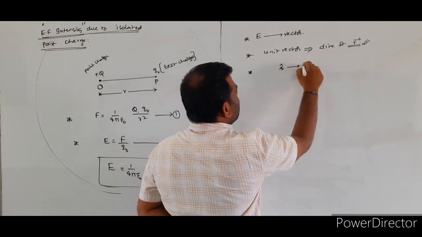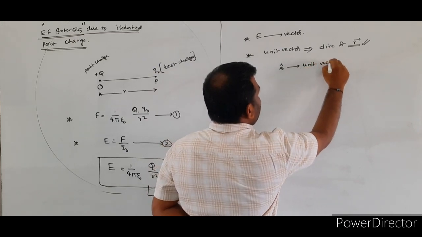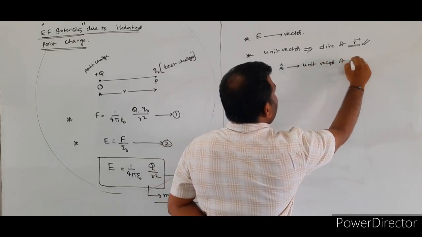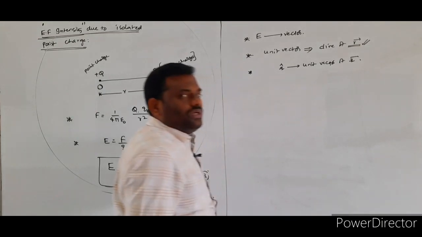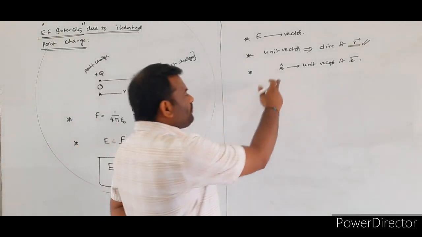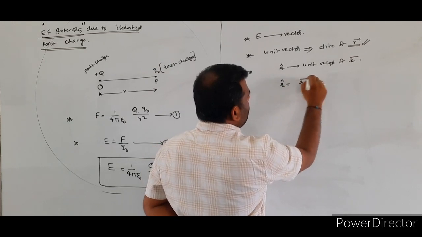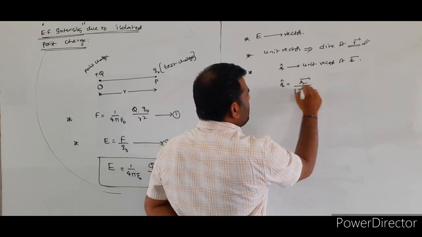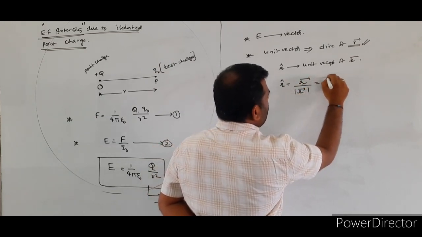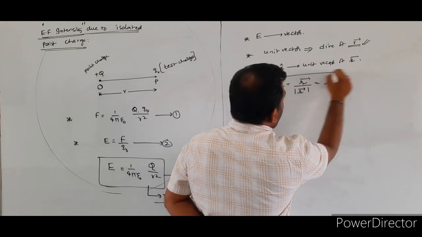So r cap is indicating what? Unit vector of r bar. From the definition of the unit vector, r cap is equal to r bar by modulus r bar, that is equal to r bar by small r.